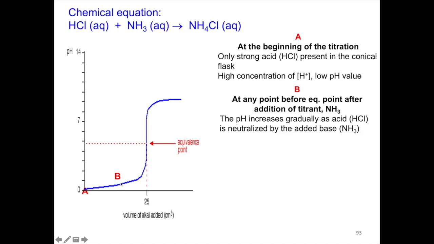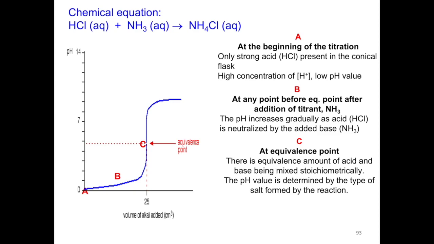Alright, so when you put 25 ml of alkali into the conical flask, we get the equivalence point. So this is point C, where the amounts of acid and base are mixed stoichiometrically. And the pH value is determined by the type of salt formed by the reaction. Right? So what's the type of salt that's formed from this reaction?